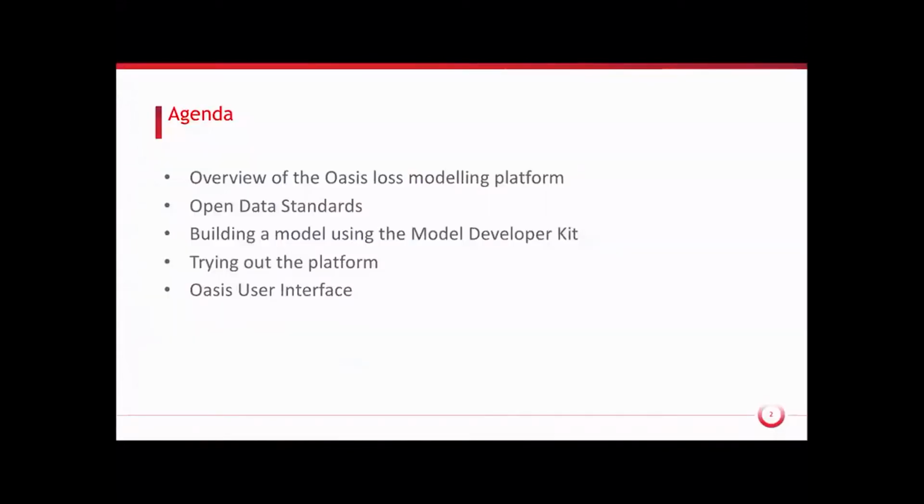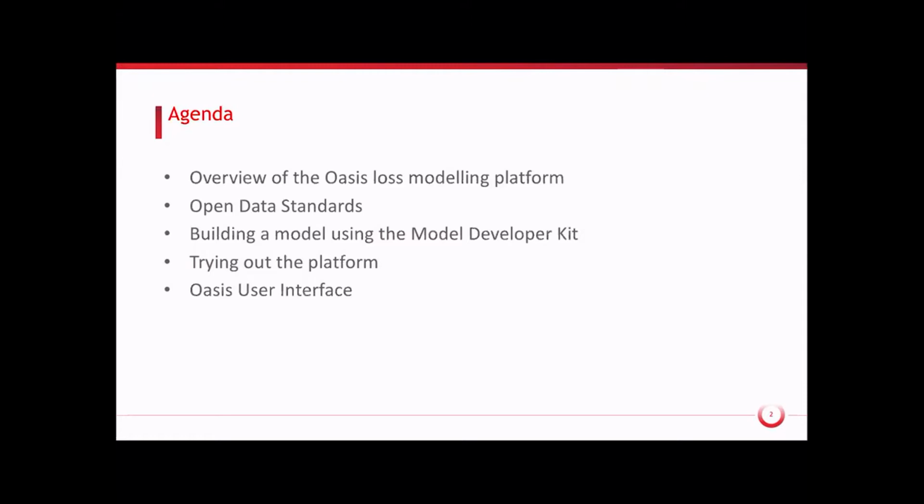So the topics we wanted to cover this morning were to talk a little bit about the platform and the software, how it fits together, and some of the things we're working on at the minute. We're going to take a look at some of the open data standards, so the exposure data, what's coming in terms of the results data, and what they look like. We're then going to look at how you go about constructing a model, what some of the data formats look like, and how you can utilize the model development kit to run and test the model prior to deployment.